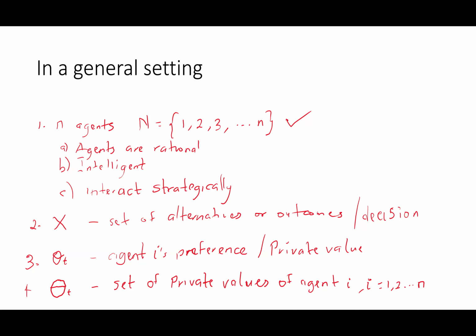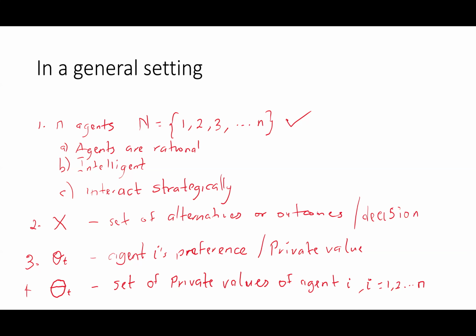Okay, thank you. So what I'm basically saying is that in a general case, if we are looking at mechanism design, these are the assumptions. First of all, we have some number of agents. The number of agents could be 1, 2, 3, and so on. Then we have an assumption that the agents are rational.